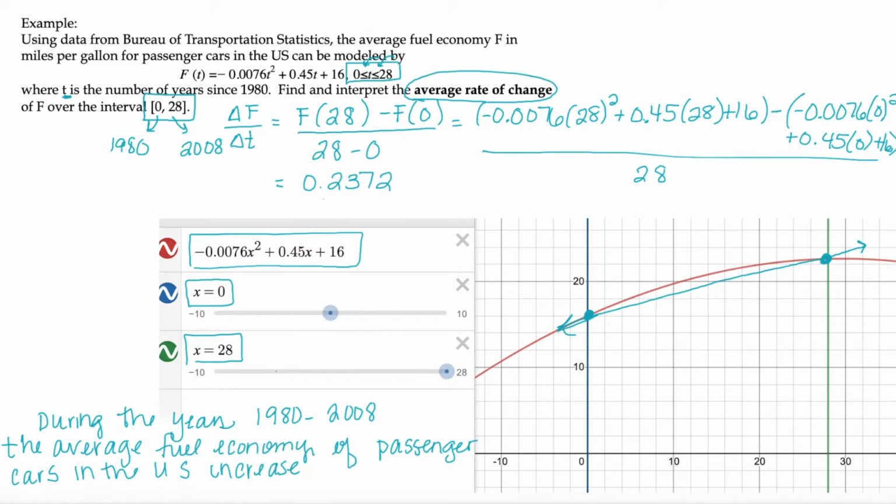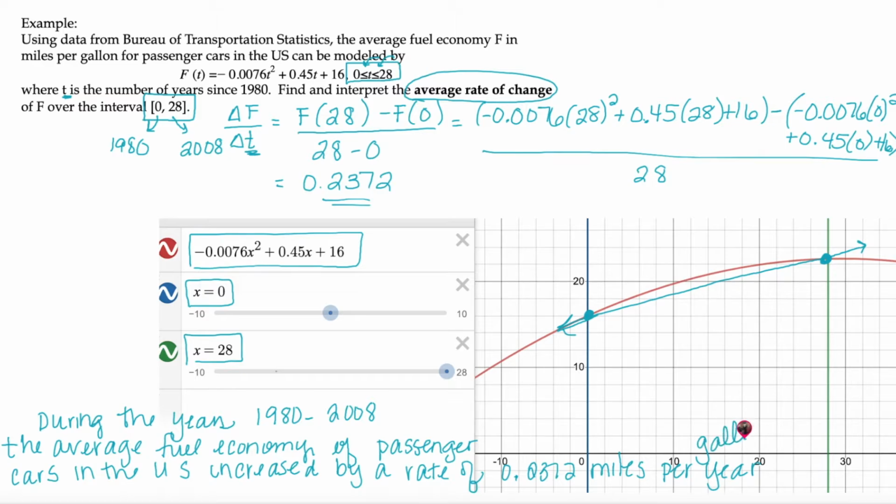Again, we have a positive value, so increased by a rate of 0.2372 miles per gallon per year. And I know that it's per year because we're dividing by the number of years.